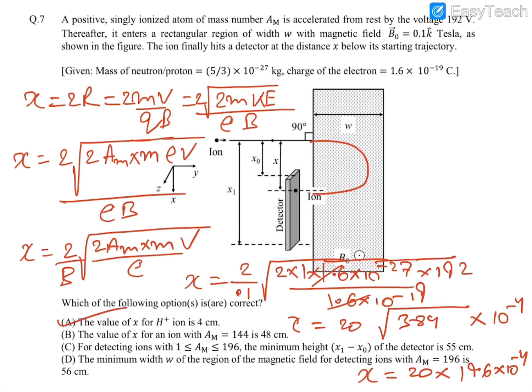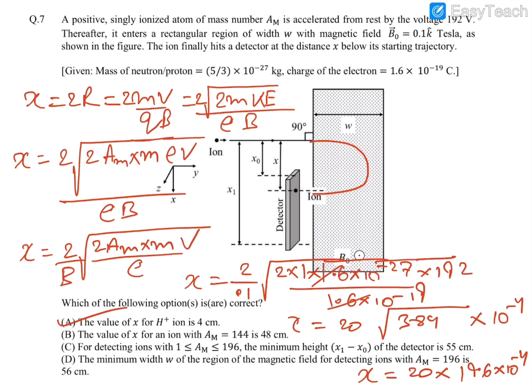4 centimeter. And why this value is coming different is due to the fact that I have assumed that the mass of proton and mass of neutron is equal. So by taking exactly the number of protons and number of neutrons, you can get the exact answer.